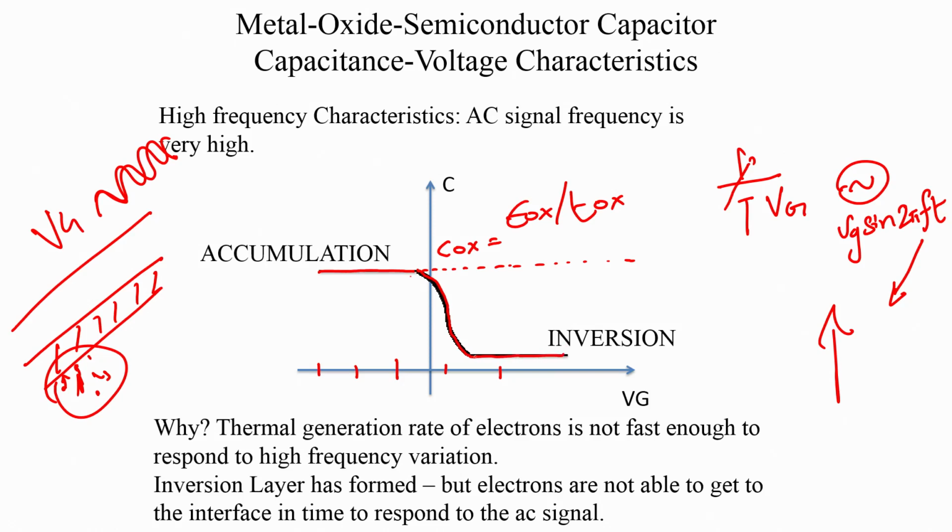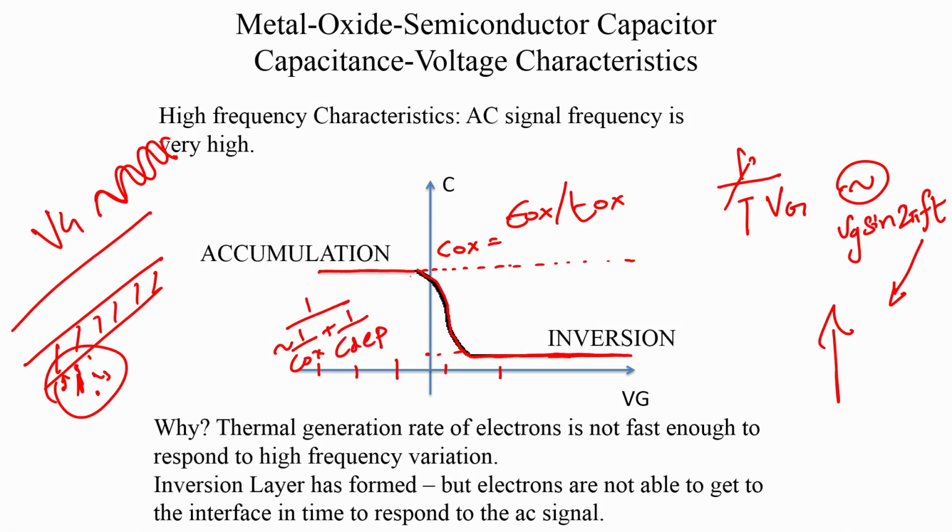You can continue increasing your Vg, but it sees no small signal response of the inversion charge, and therefore, the value remains pinned at this value here. Okay, and that value there is approximately your 1 by 1 by C_ox plus 1 by C_depletion.